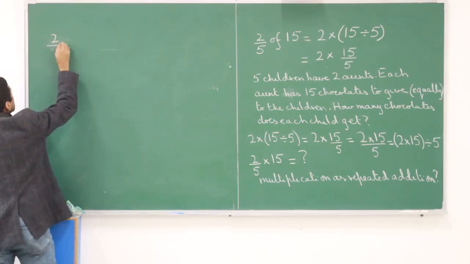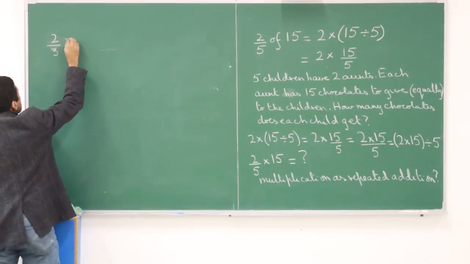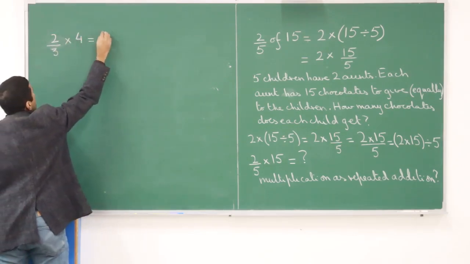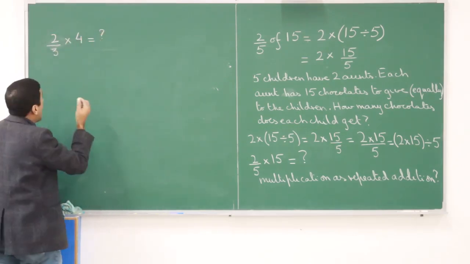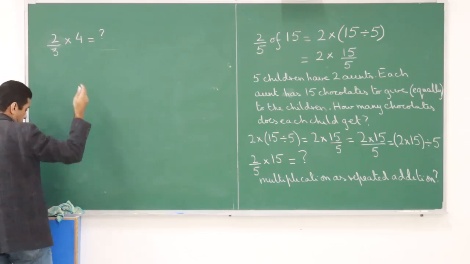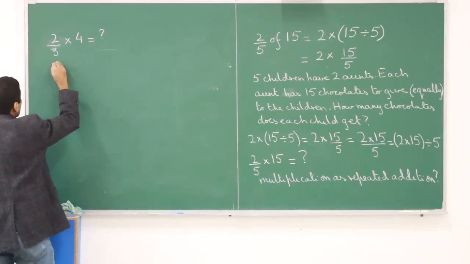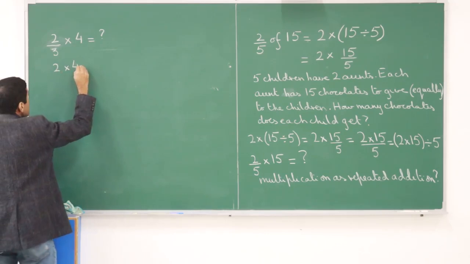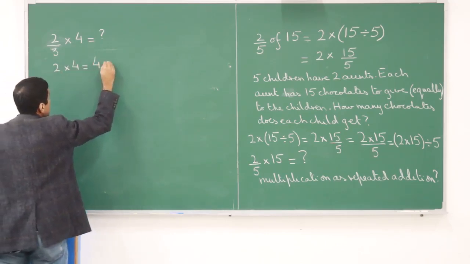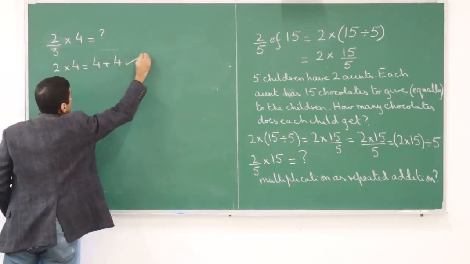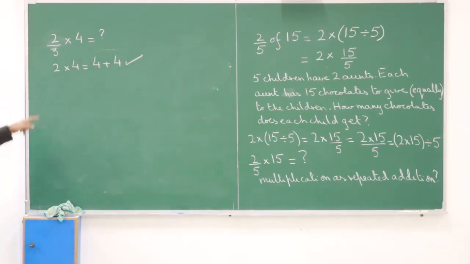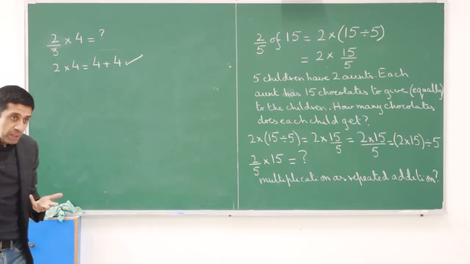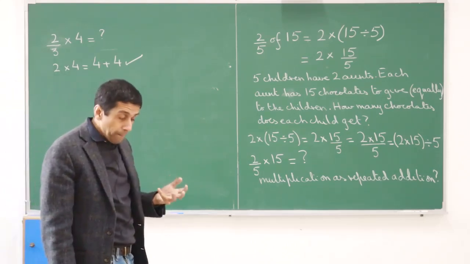If I say 2/3 multiplied by 4, what does it mean? I know what 2 4s means, just repeated addition, 4 plus 4. So this works. But I don't know what 2/3 multiplied by 4 means. Is that clear? Yeah? Okay.